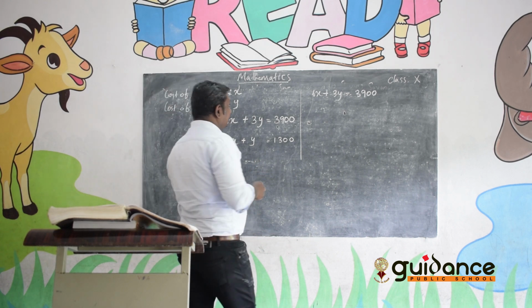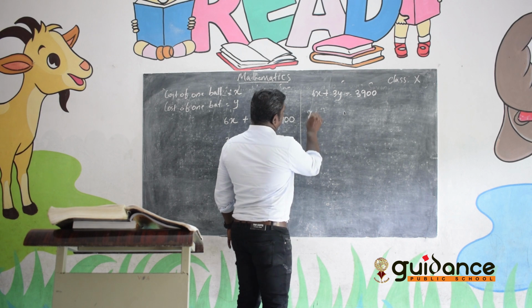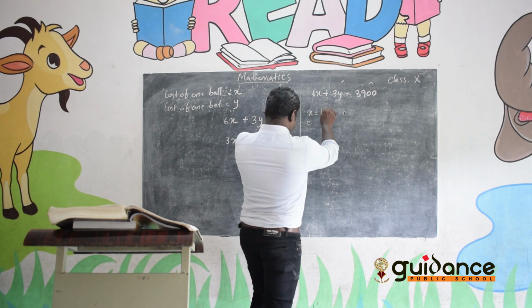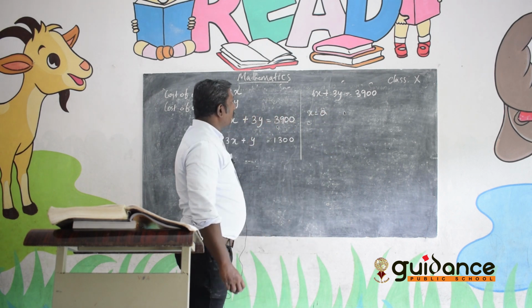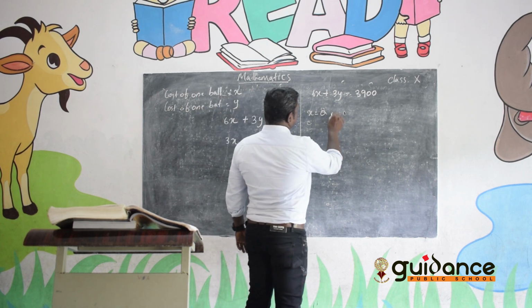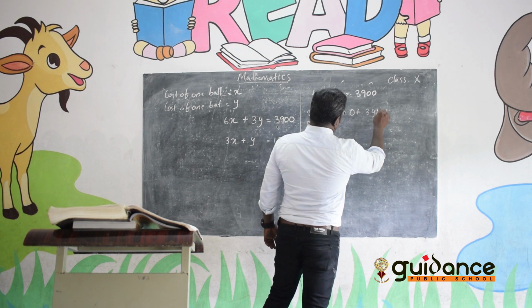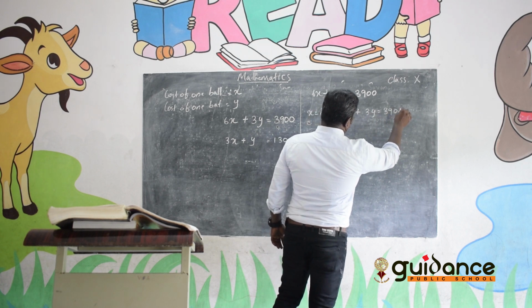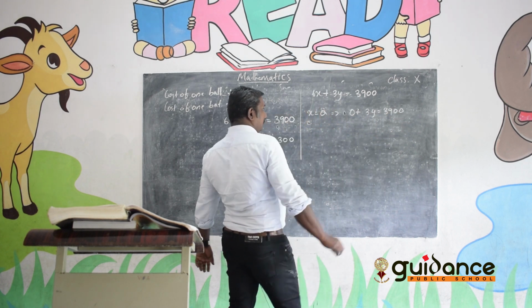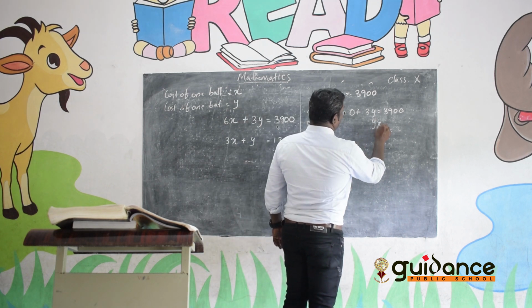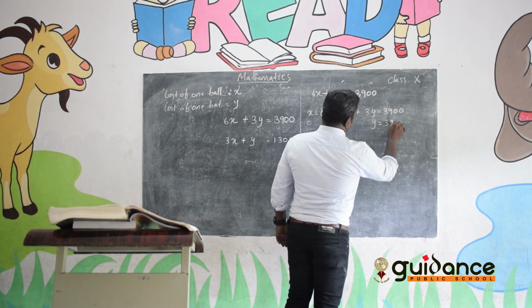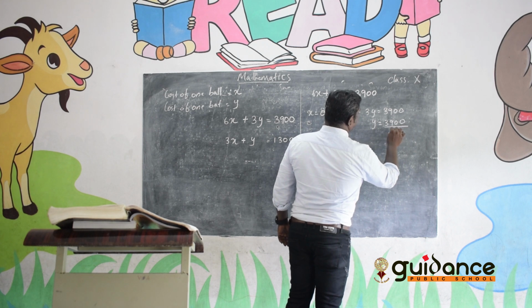Now we substitute x equal to 0. First case, x equal to 0, which implies 0 plus 3y equal to 3,900. Then y equal to 3,900 by 3.